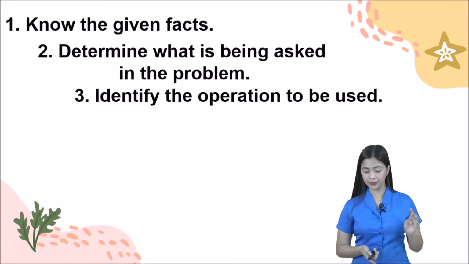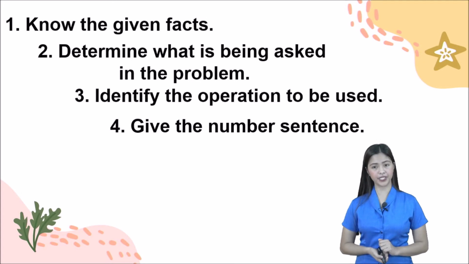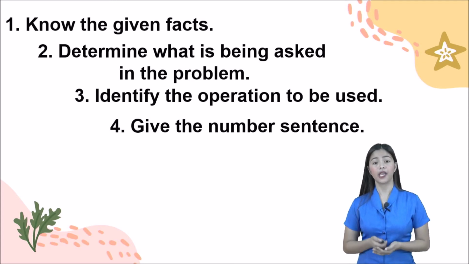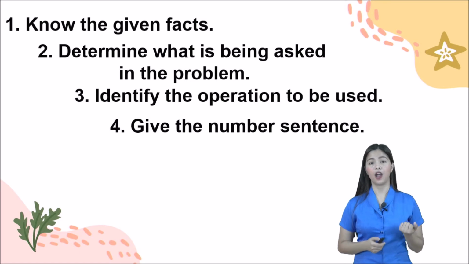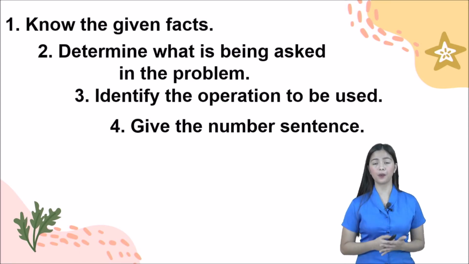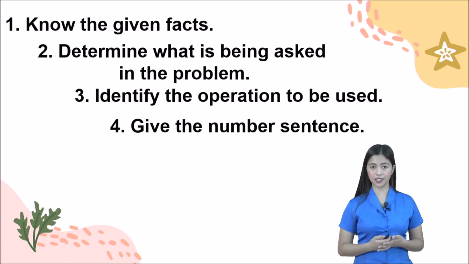Of course, we need to write the number sentence. And after that, kids, in step number 4, always write n. For example, our equation a while ago, 12 times 5 is equal to n, because the answer is still missing, okay?